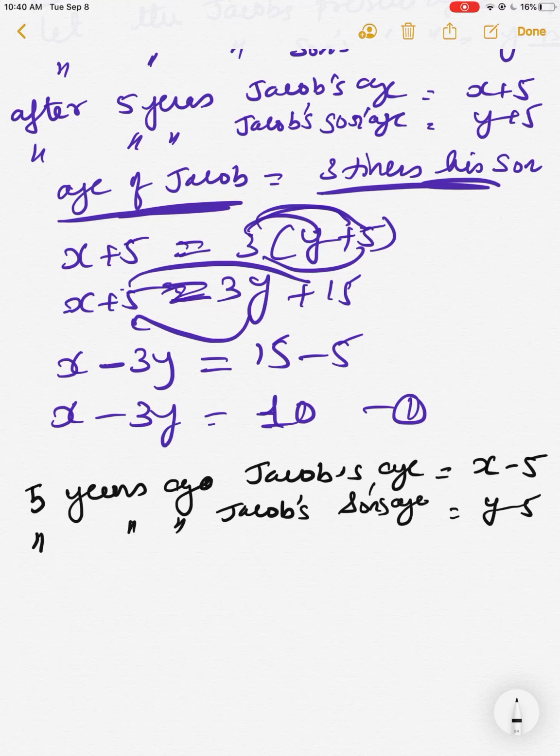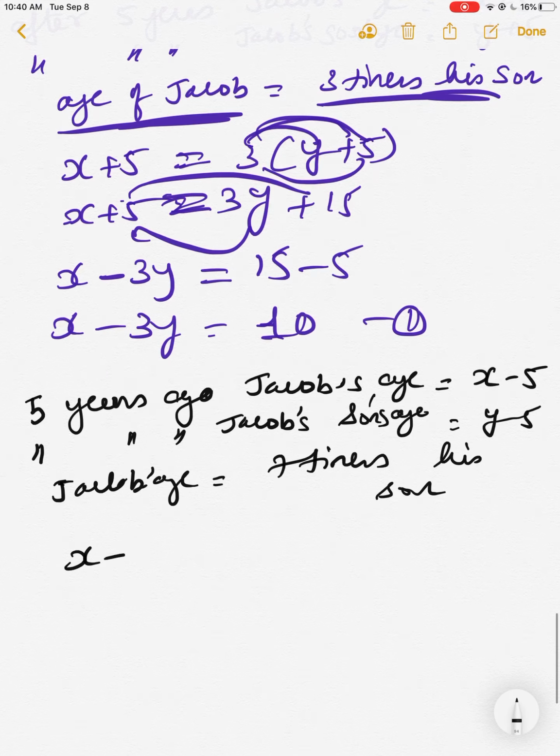What is the relation? 5 years ago Jacob was 7 times his son. So Jacob's age is equal to 7 times his son's age.